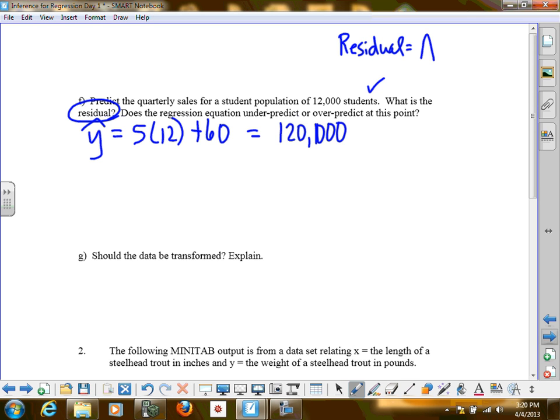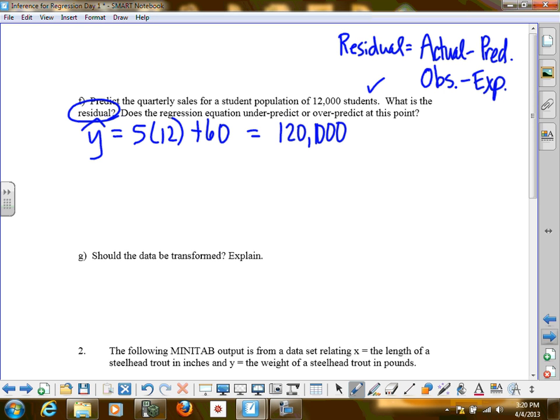So we know it as AP, actual minus predicted. Also, you could say observed minus expected. Where have we recently heard observed minus expected? In our chi-squareds, yes. That was our last chapter. Very good. So observed minus expected is how we want to do that.